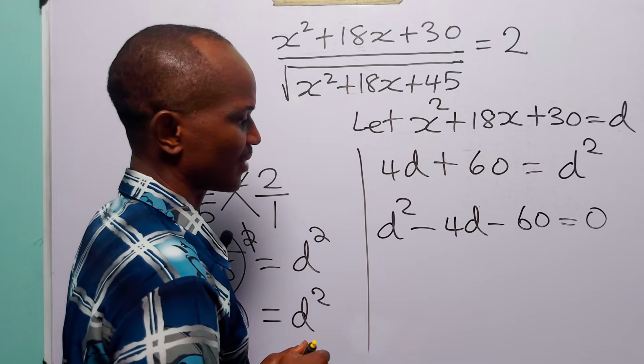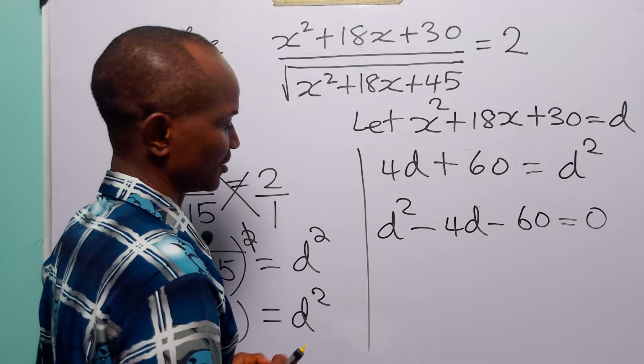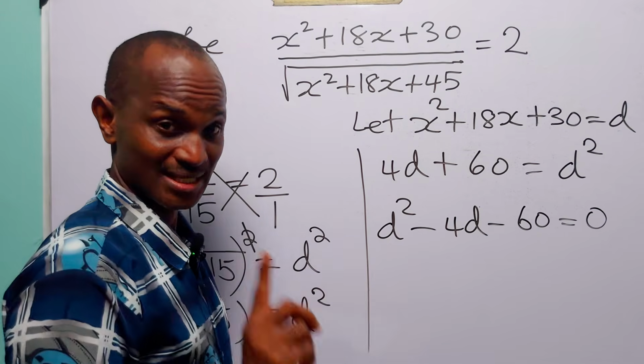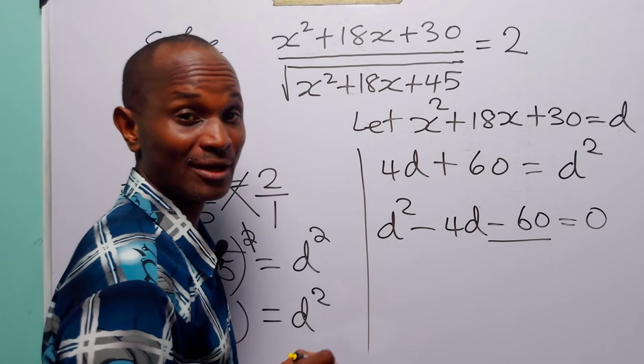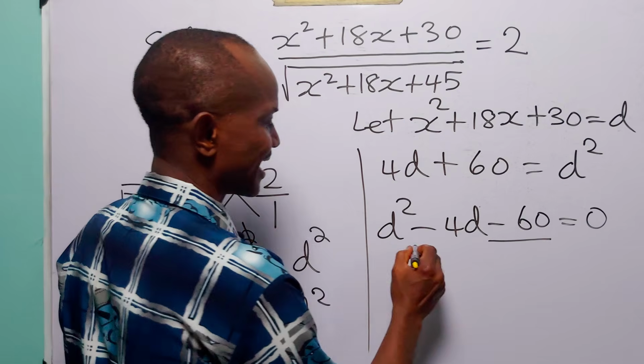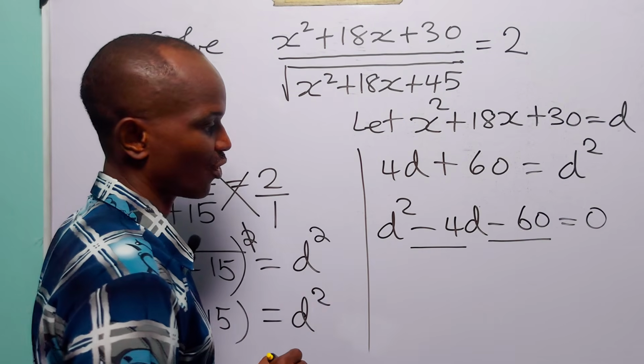Now we can solve this quadratic equation by factorization. Since the coefficient of d squared is 1, all we need to do is to find the factors of minus 60 that add up to minus 4.